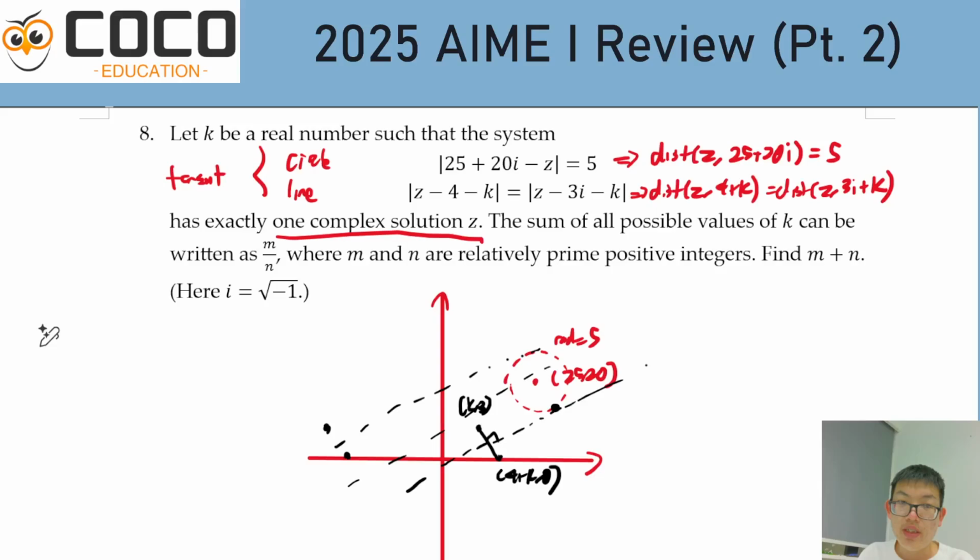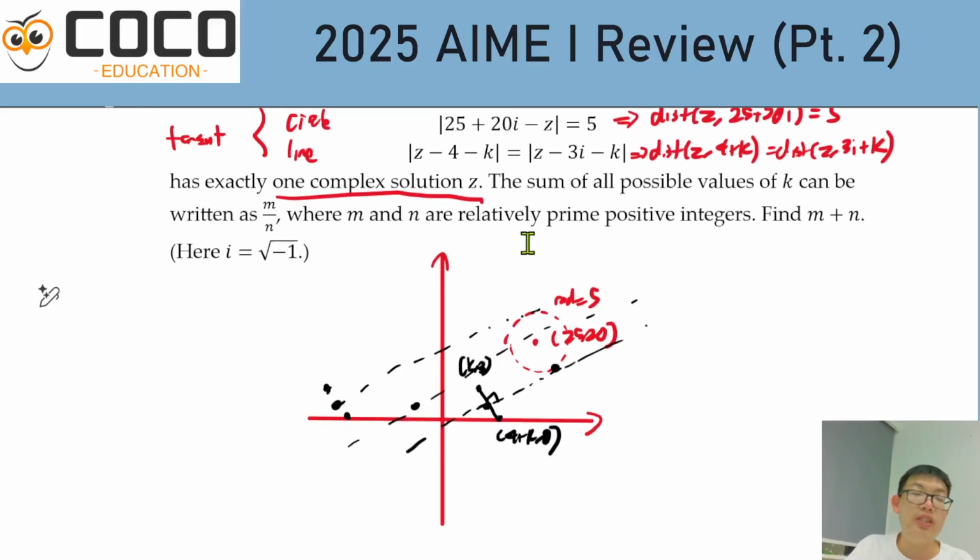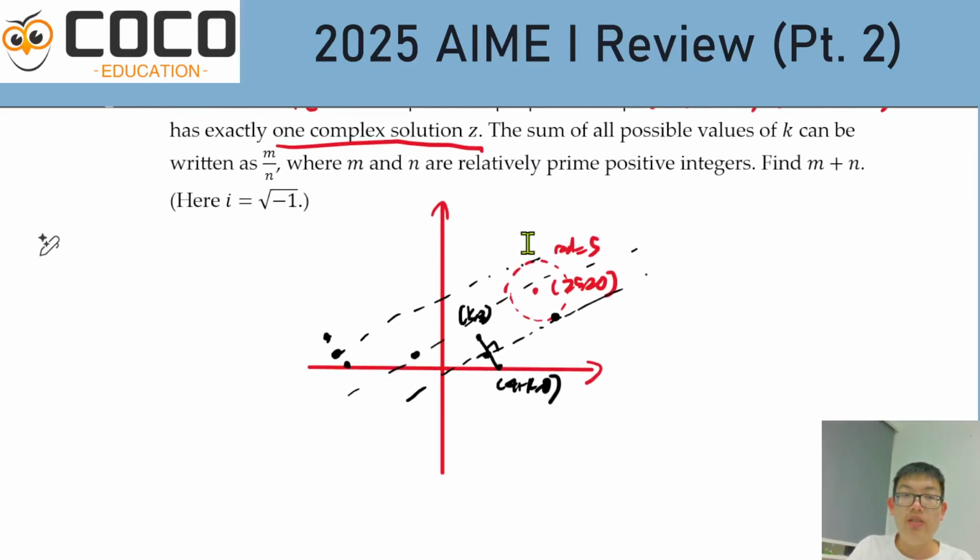Because in a way, the midline between these two will go through the average of these two possible values. But I think that's not necessary to do, to be honest. If you want to explore how that works, it'll be quite nice. But equation-wise, I'm happy to just use a discriminant on a quadratic. So let's just go with that.